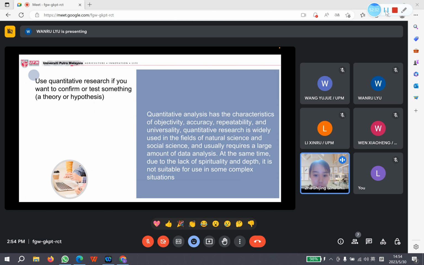If you want to confirm or test something, such as through a hypothesis, you can use quantitative research, because quantitative analysis has the characteristics of objectivity, accuracy, repeatability, and universality. Quantitative research is widely used in natural science and social science, and usually requires a large amount of data analysis.